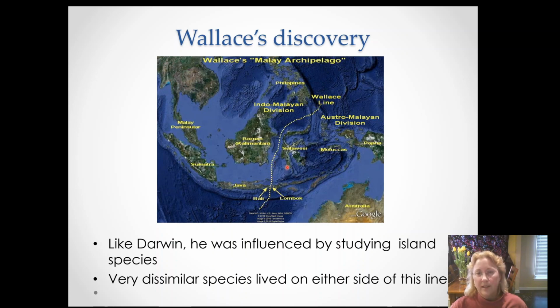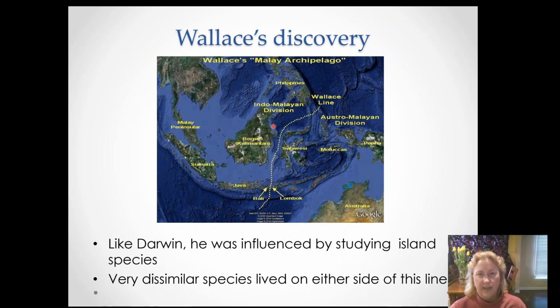expanse of water, that animals seem to have trouble crossing it, but we do now, and that's because of what happens during ice ages. The fact that ice ages occurred hadn't been discovered yet at that time, but we now know that during an ice age, of which there have been several, most of the world's water is locked up in ice at the North and the South Pole, and that causes sea level to drop dramatically.